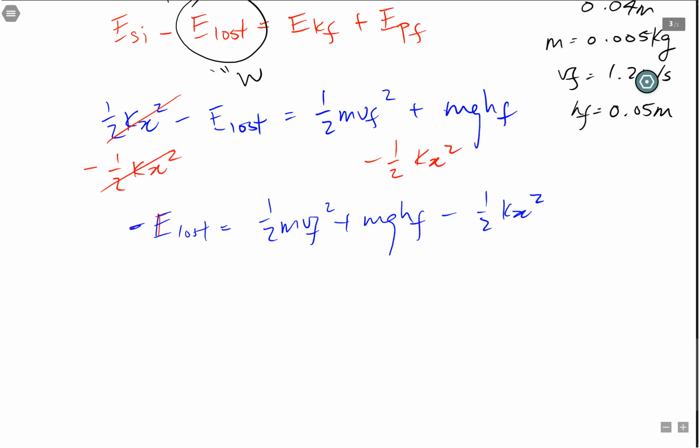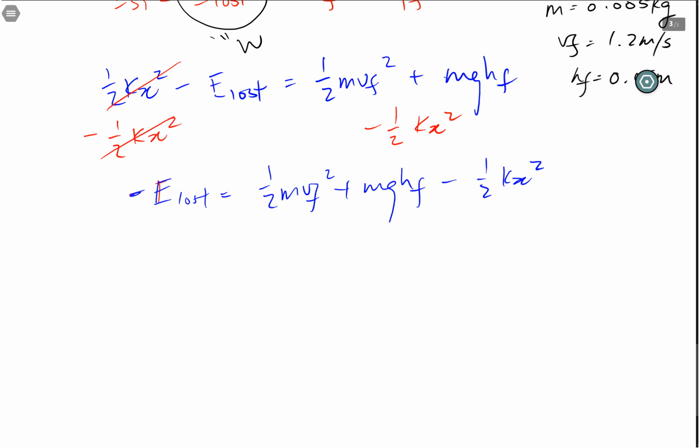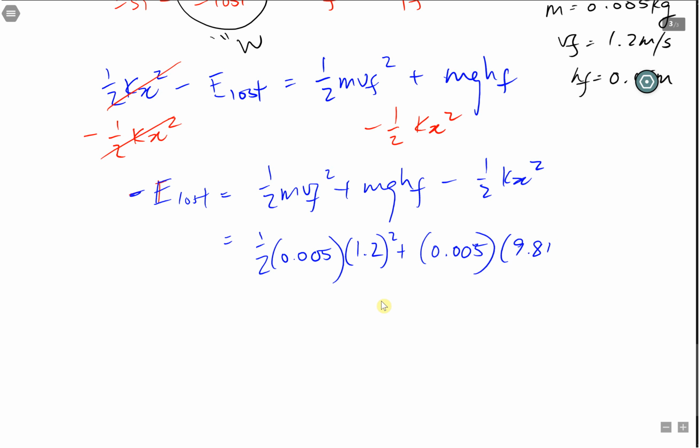Okay, I don't care about that negative sign for now. We could just leave it there. Let's just put in all our values. 1/2 mass, 0.005 times final velocity 1.2 squared, plus mass again, 0.005 times gravity. You don't need the negative sign here because we're talking about energy anyhow.